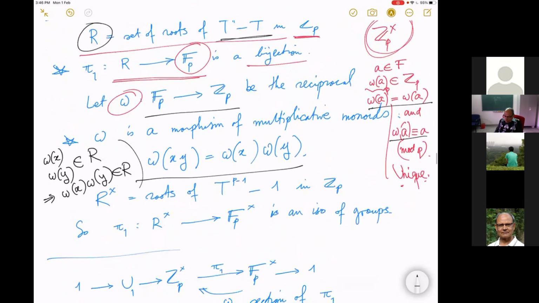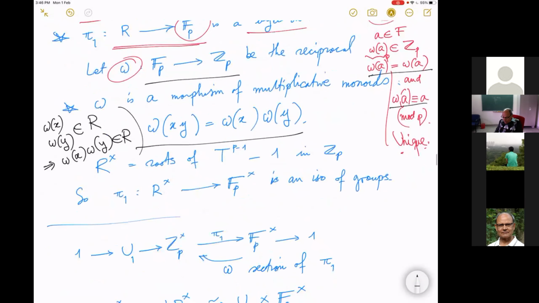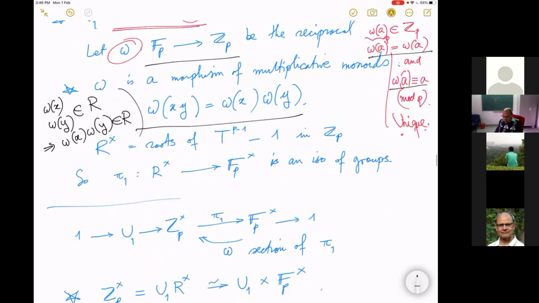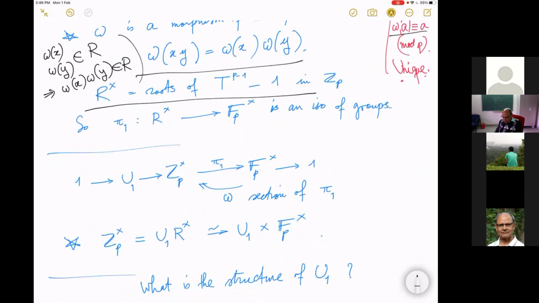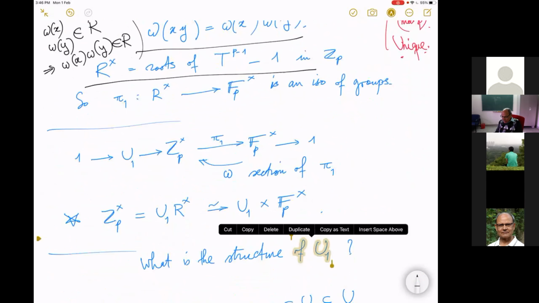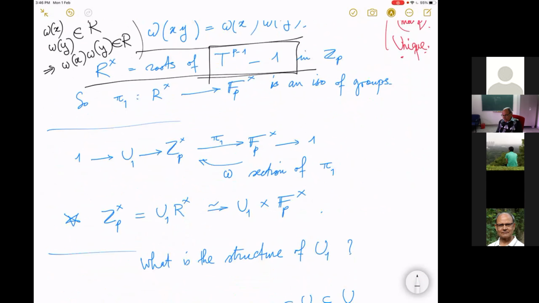Okay, so as I said, 0 is always a root. Let's denote by R star the set of non-zero roots of t to the p minus t, which is the same as saying that it's the set of roots of t to the p minus 1 in Zp.